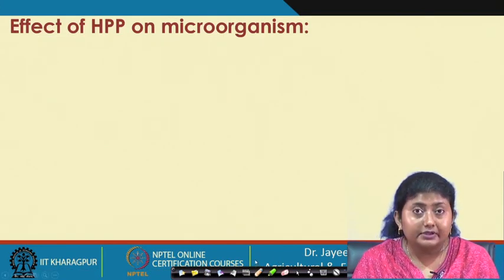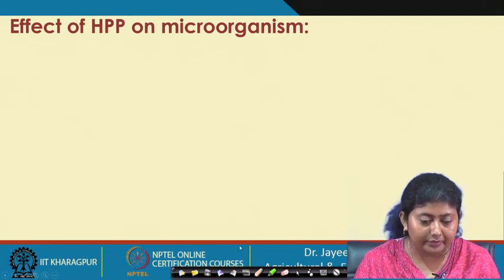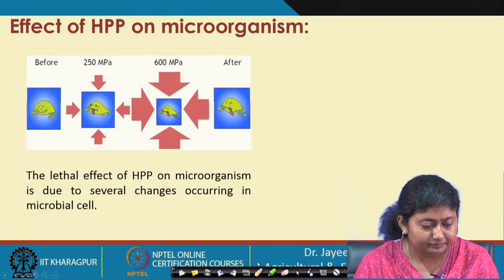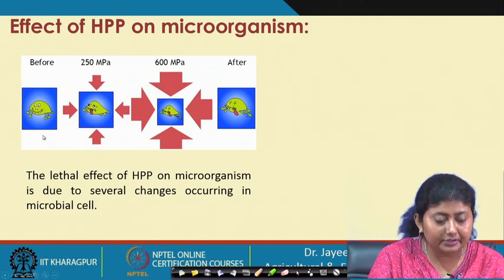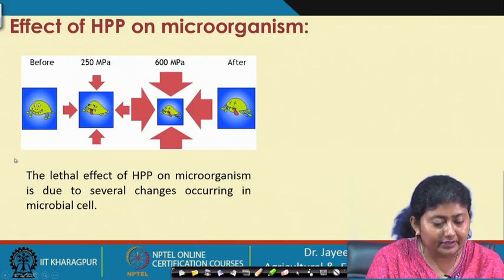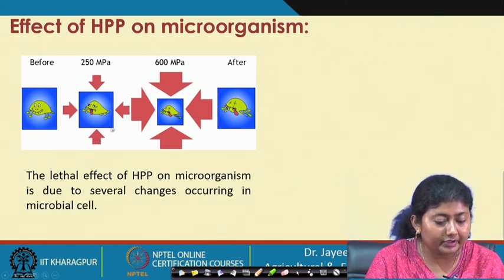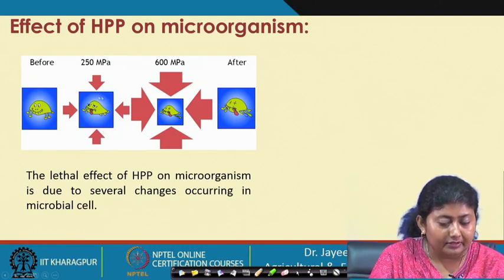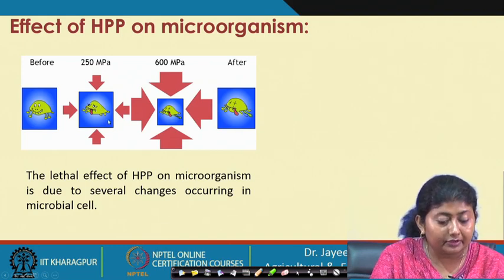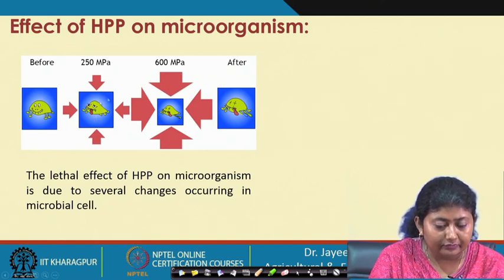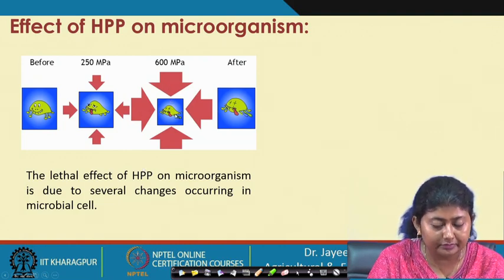Now, the most important thing is the effect of high pressure processing on microorganisms. Microorganisms which at atmospheric pressure can very well sustain, as we increase the pressure up to 250 megapascal, their growth stops and they start decreasing. Then when we increase the pressure up to 600 megapascal, the complete inactivation or destruction of the microorganisms will be there.